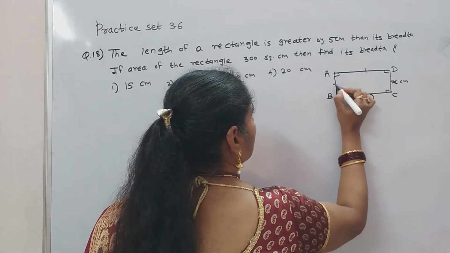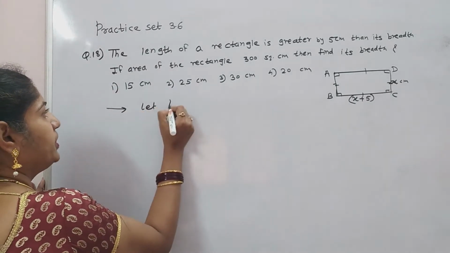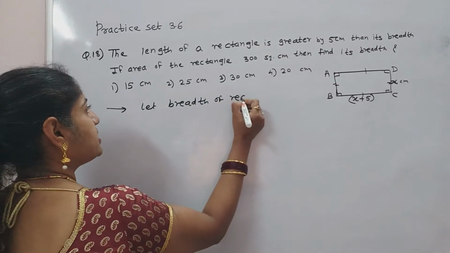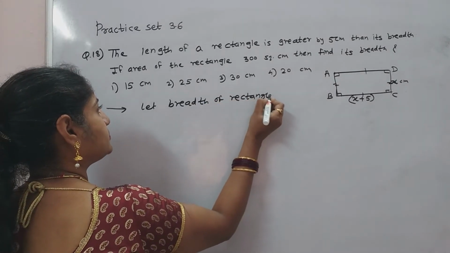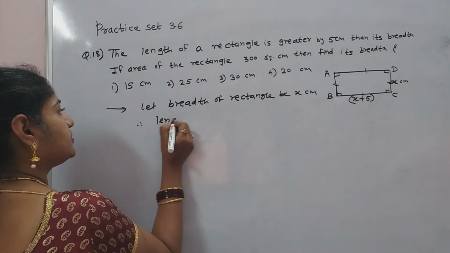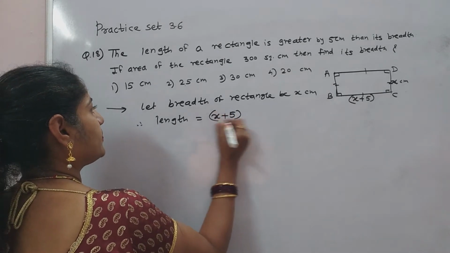Opposite sides are congruent. Let the breadth of the rectangle be x centimeter. So length equal to x plus 5 centimeter.